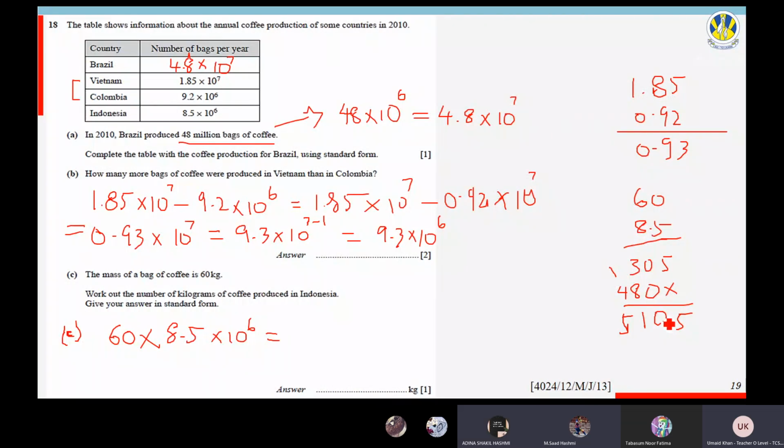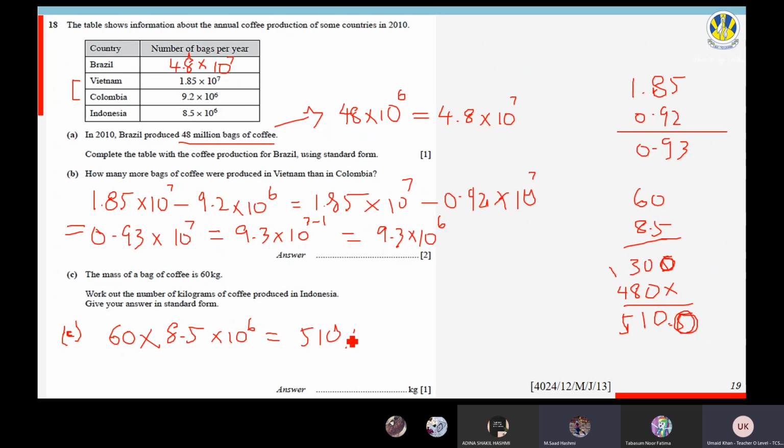Wait a second. 5 multiplied by 0 is 0, sir. You have written 5. Thank you for correcting my mistake. The answer is 510. Yes, now it's correct. It will be 510.0. The answer will be 510.